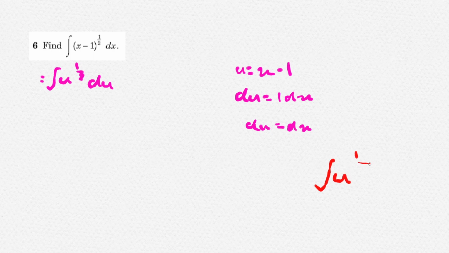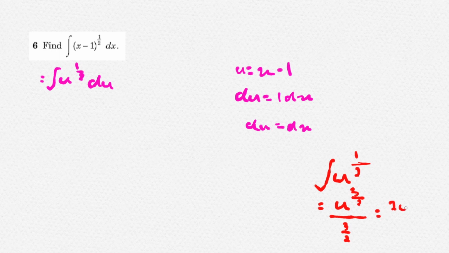Remember our rule from the beginning of this video. We must add and then divide. So add 1 to half. This will give you u to the power of 3 over 2 divided by 3 over 2. Now try and simplify this yourself and see if it matches my answer.